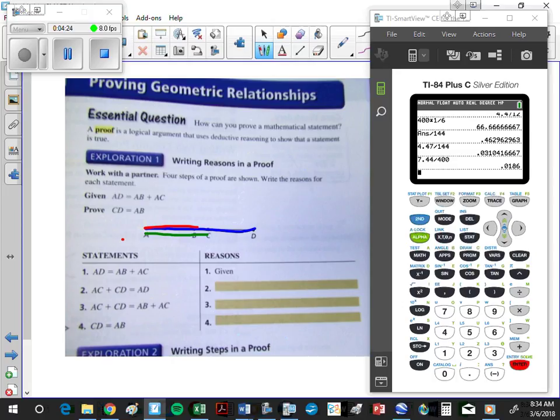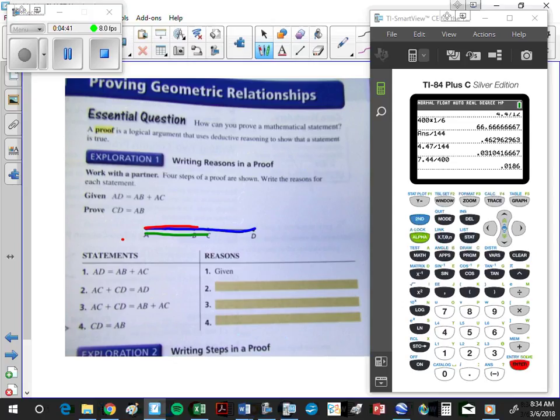So basically what we're saying is the blue line is just as long as the red line plus the green line. That's given. Okay, that picture has been drawn, and that specific quality has been told to us.